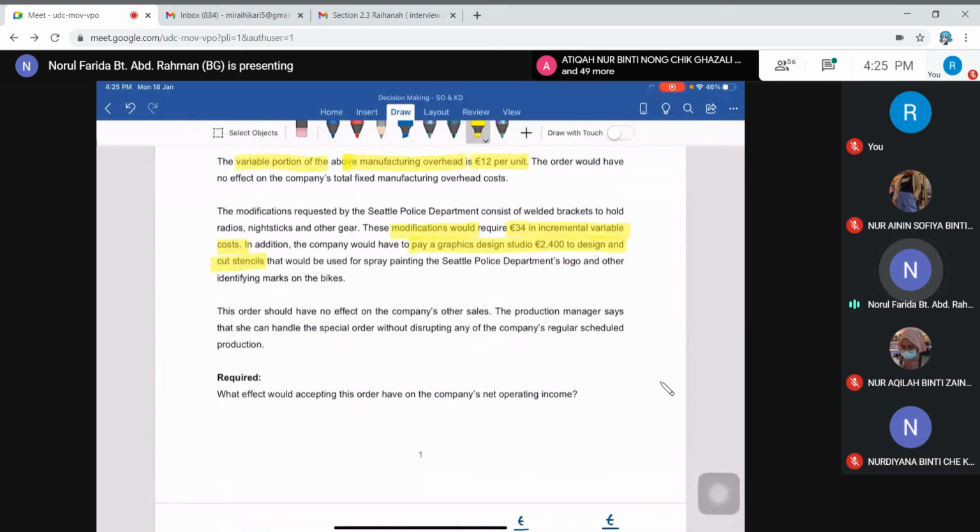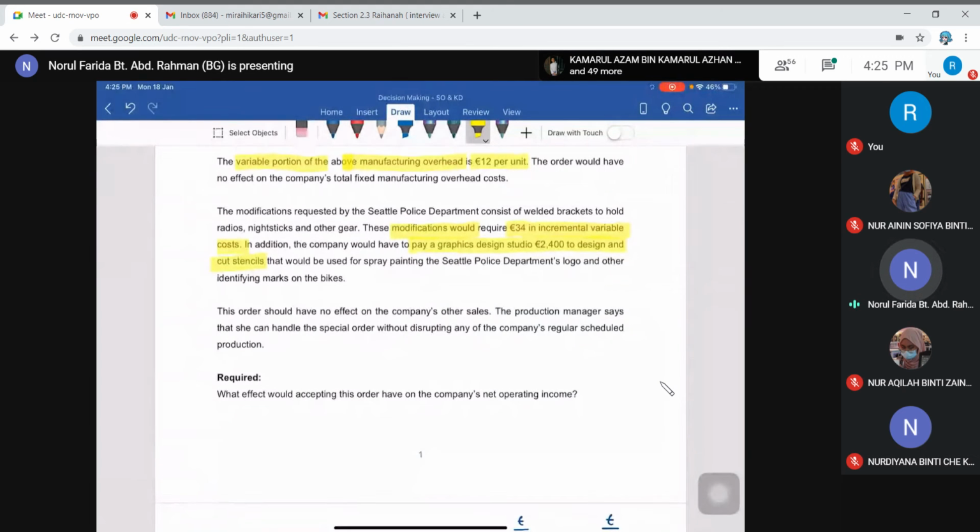So this 2,400, okay, if we do this order, we have to hire a designer to make the design. If we reject this order, then we don't need to hire the designer. Right? That is the condition: if we want to do it, we have to hire a designer. If we don't do this order, we don't need to hire the designer.